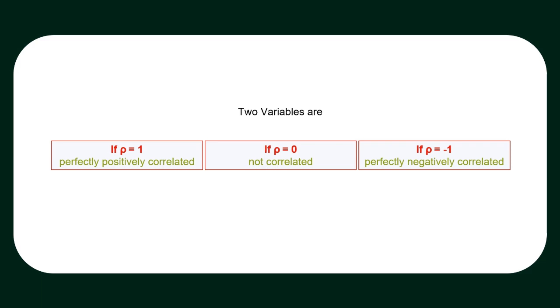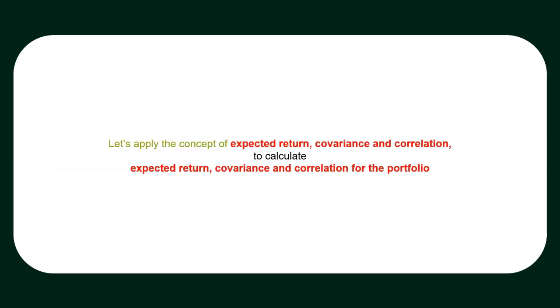If rho is equal to 0, x and y are not correlated. If correlation is equal to 1, x and y are perfectly correlated. If rho is equal to -1, in that case x and y are perfectly negatively correlated.